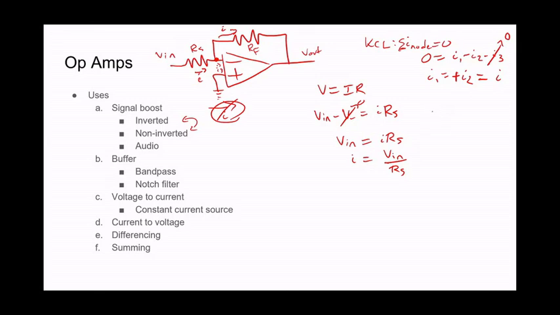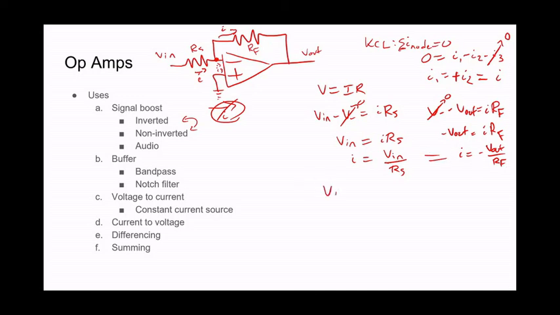We're going to use the same rule on the other side. We know that the current is flowing this way, so V negative minus V out equals I times R sub F. Now we know that V negative is 0 because of rule number 2, so we have negative V out equals I times R sub F. Therefore, I also equals negative V out divided by R sub F. We have both of these equations, and they're equivalent to each other.